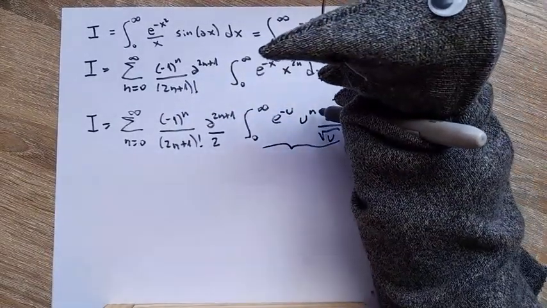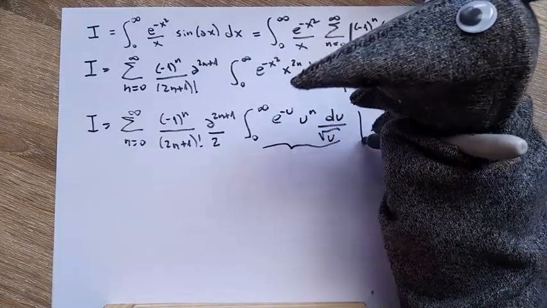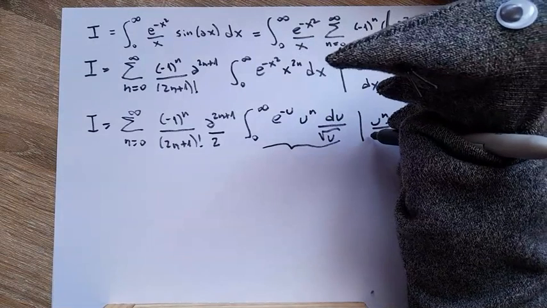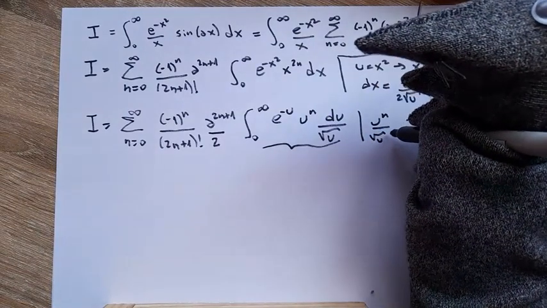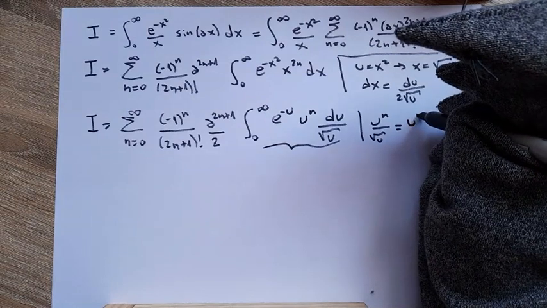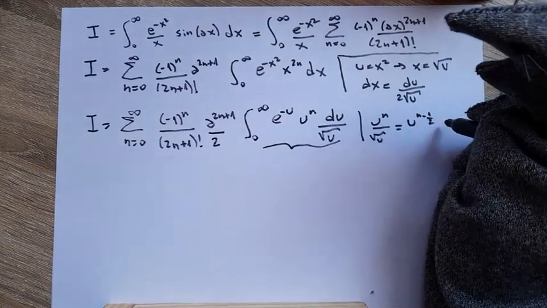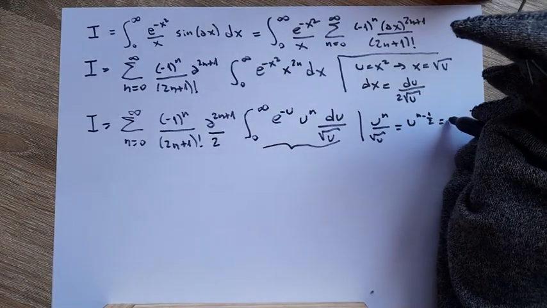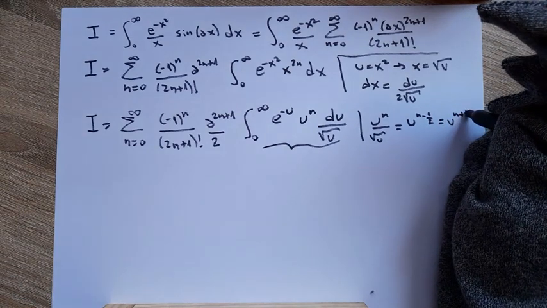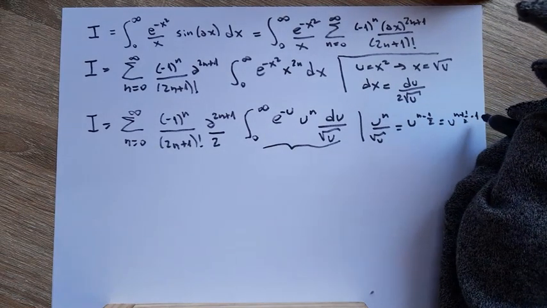So for this integral, we can combine u to the n over the square root of u, which equals u to the n minus 1/2, or the same as u to the n plus 1/2 minus 1.